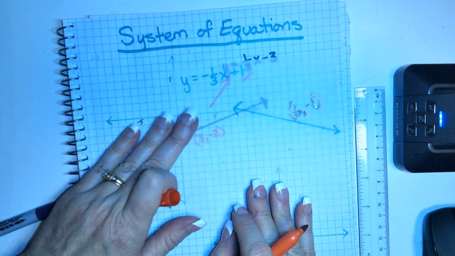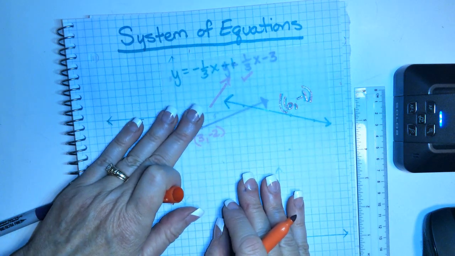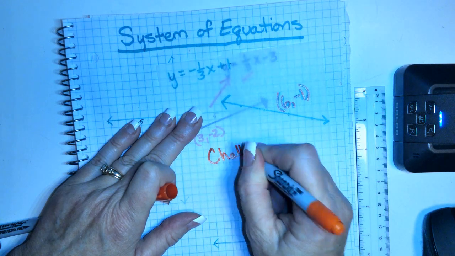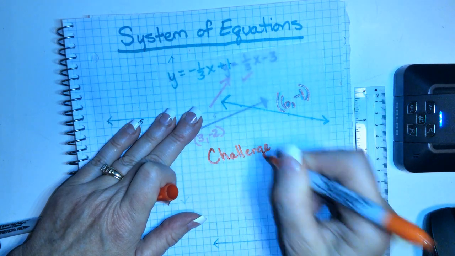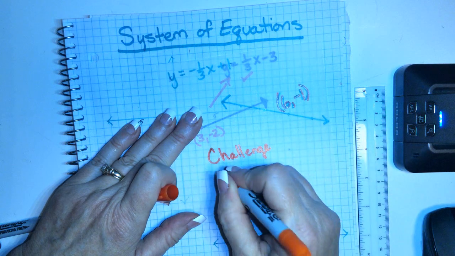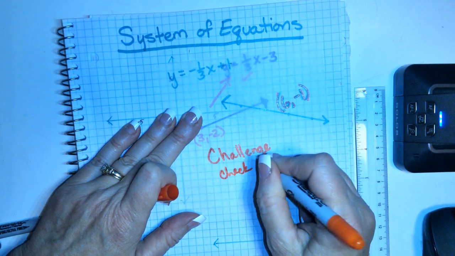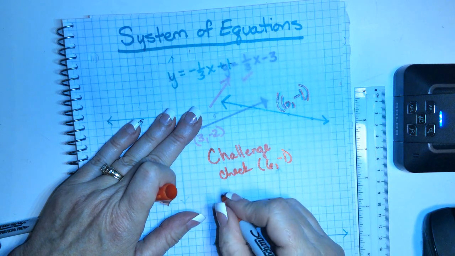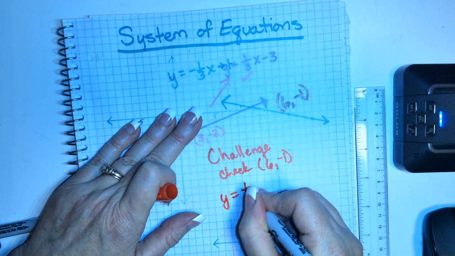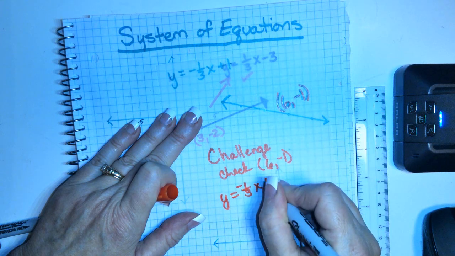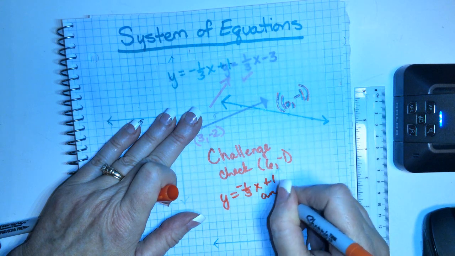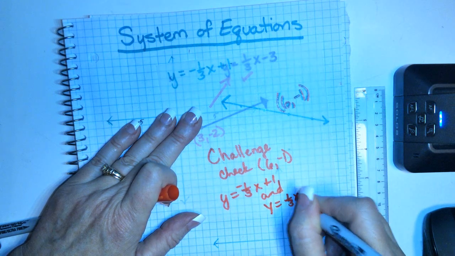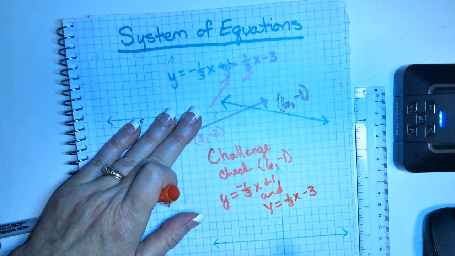And I'm not going to do the check for you. I'm going to suggest that the challenge is for you to check, is 6, negative 1 a solution for y equals negative 1/3 x plus 1 and y equals 1/3 x minus 3.